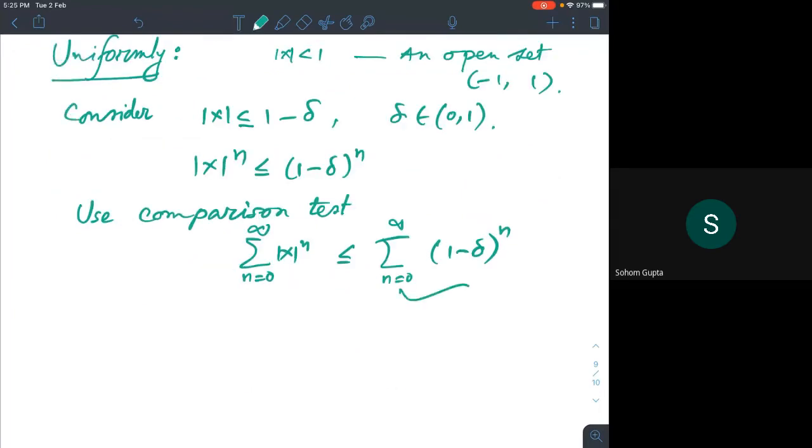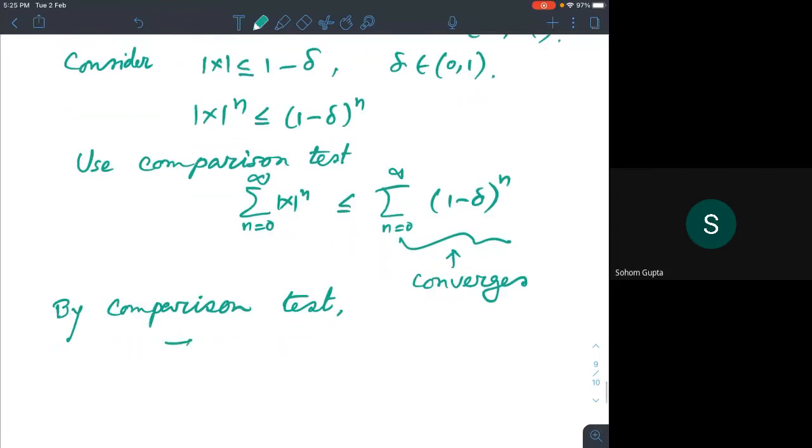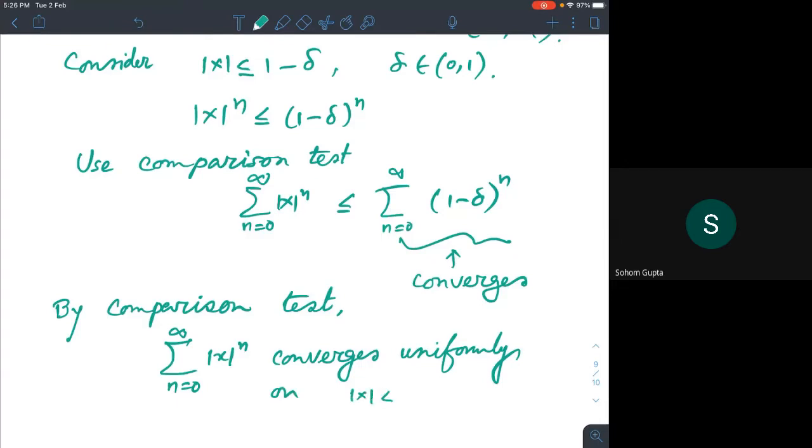Now this series converges by the comparison test. This series converges uniformly on mod x less than or equal to 1 minus delta.